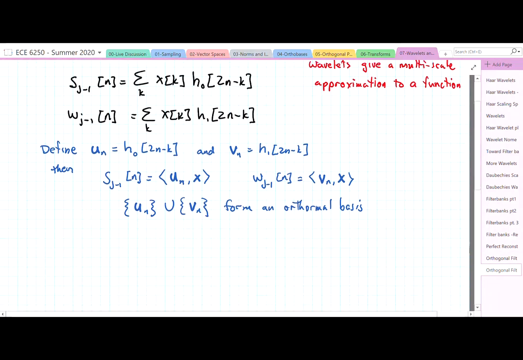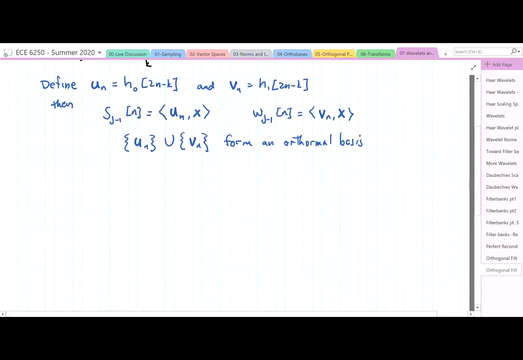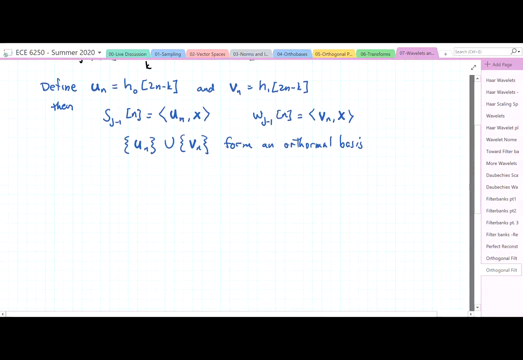So it turns out there are several properties that our scaling functions must have in order to be considered to be associated with wavelets. So let's put this here.